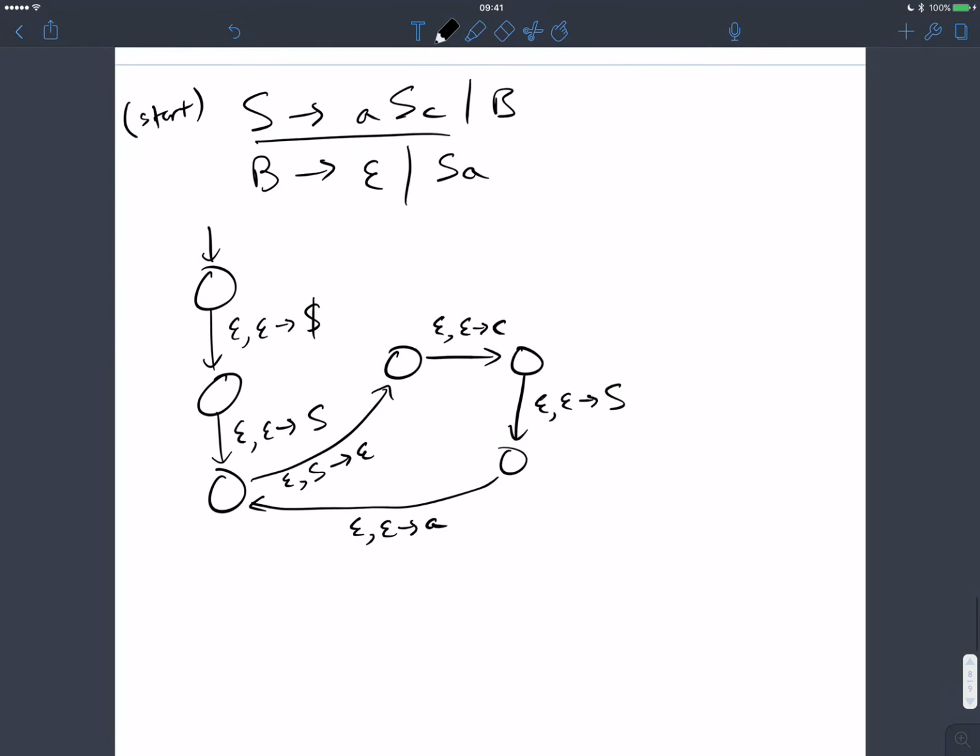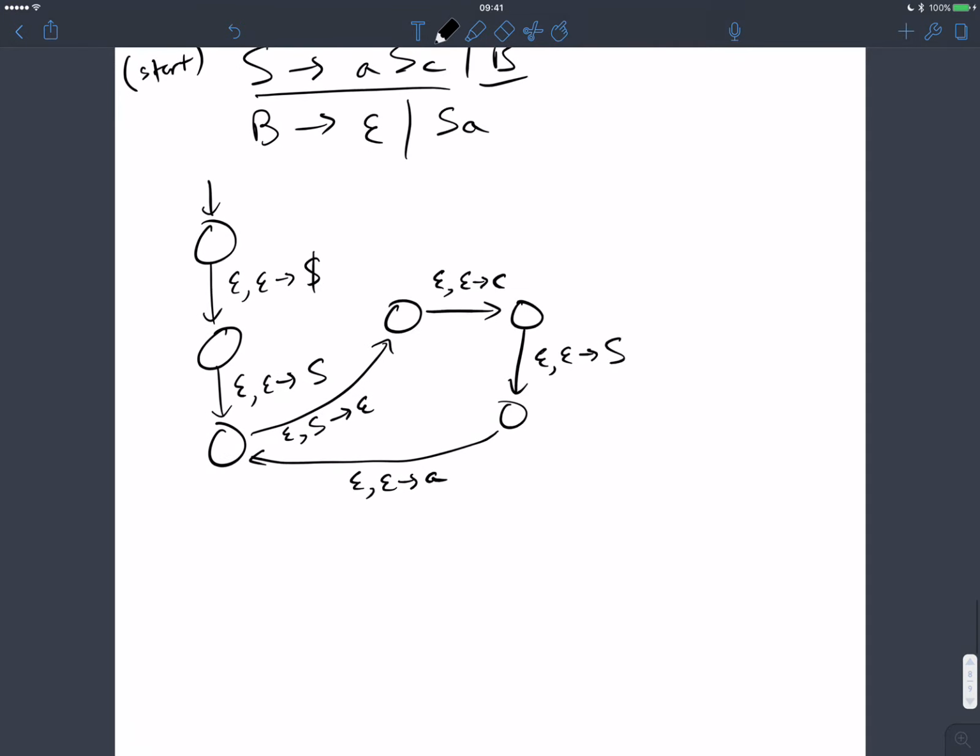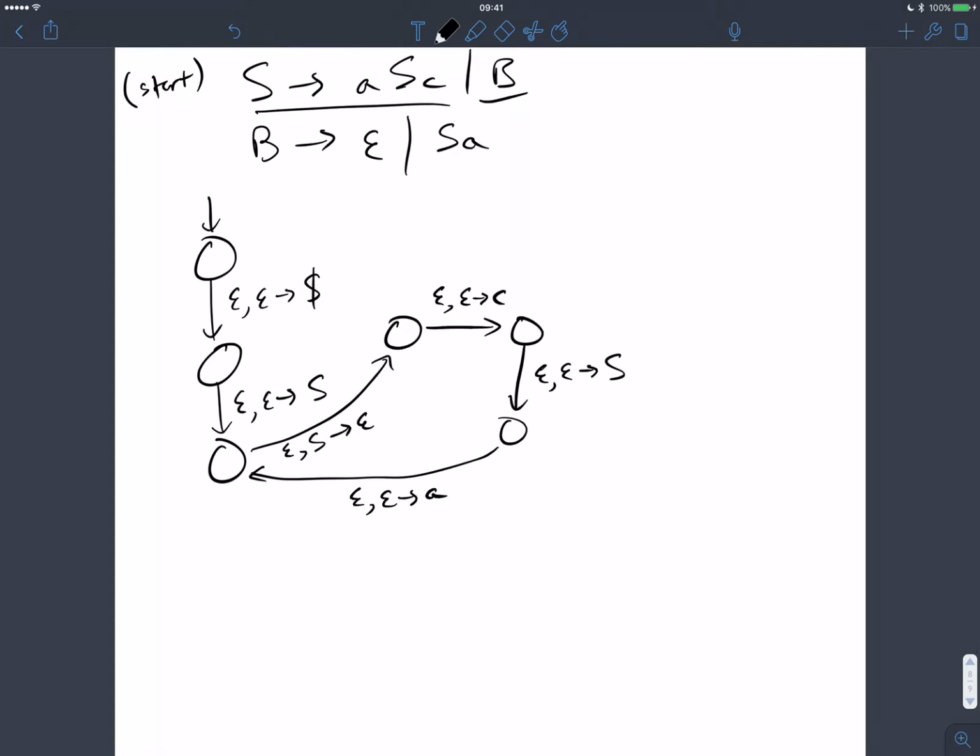Cool. So what's next? Well, let's do the other ones first. So S to B. If this kind of thing shows up, we're not going to be extremely picky on details in terms of whether you go out or come back or whatever. For these one-length right-hand side rules, you can just stay at the current state. It doesn't really change the correctness because you're effectively doing one transition anyway.